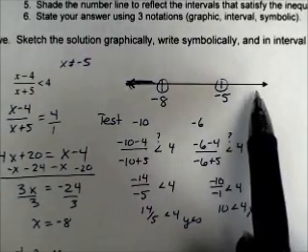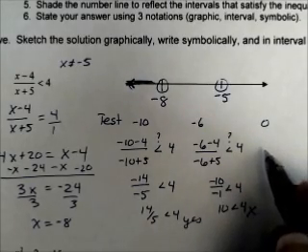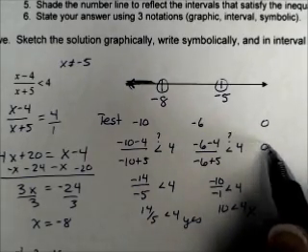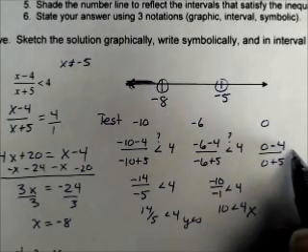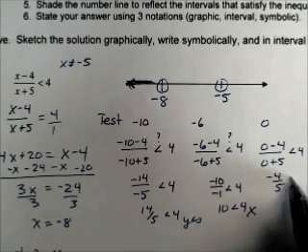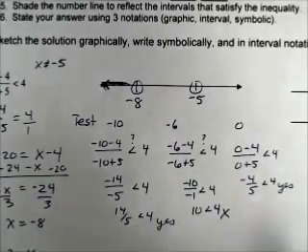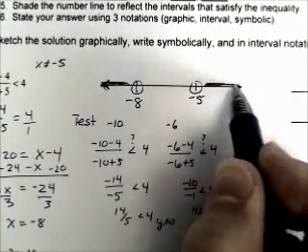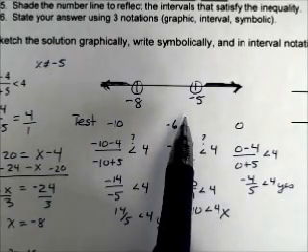A number greater than negative 5, 0 is a nice number to choose. Is 0, subtract 4, divided by 0 plus 5, less than 4? It'll be negative 4 over 5 is less than 4. That's a yes. So we shade this section. So this is our graphic solution.